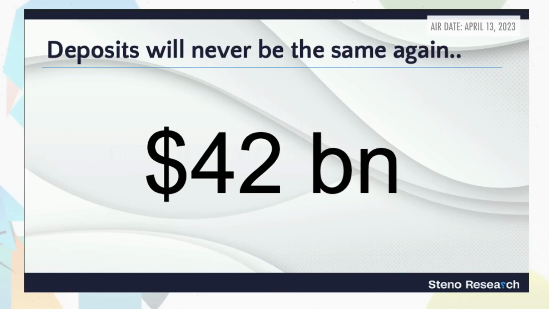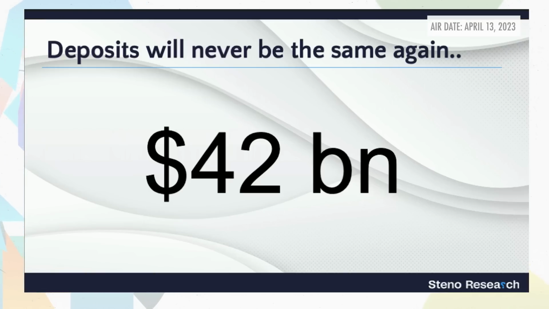42 billion. That is a magnificent number, but also a number that will change the life of the US banking system for good. This was the amount of deposits withdrawn within probably less than 24 hours of Silicon Valley Bank. And this is, in my opinion, the most extreme bank run in modern history.